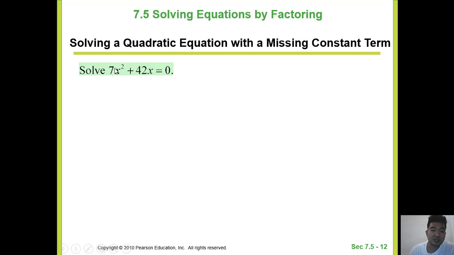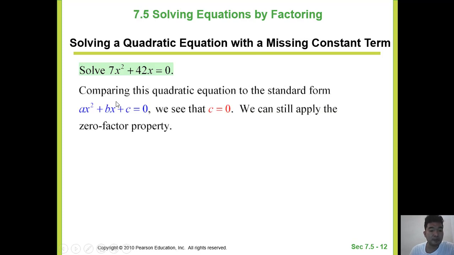Only a must not be equal to 0. But b and c can be. In this case, we have a value of a, which is 7, so that's not a problem even if we have a missing constant term. Comparing this quadratic equation to the standard form, ax squared plus bx plus c equals 0, we see that c equals 0, and we can still apply the zero factor property.